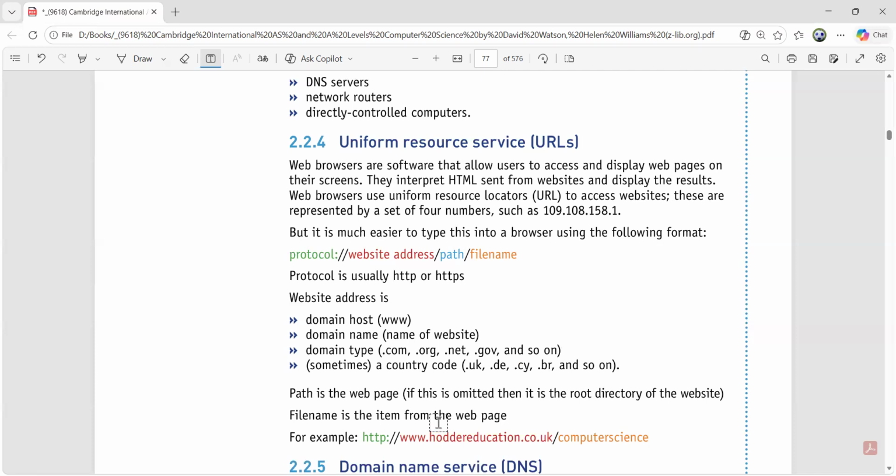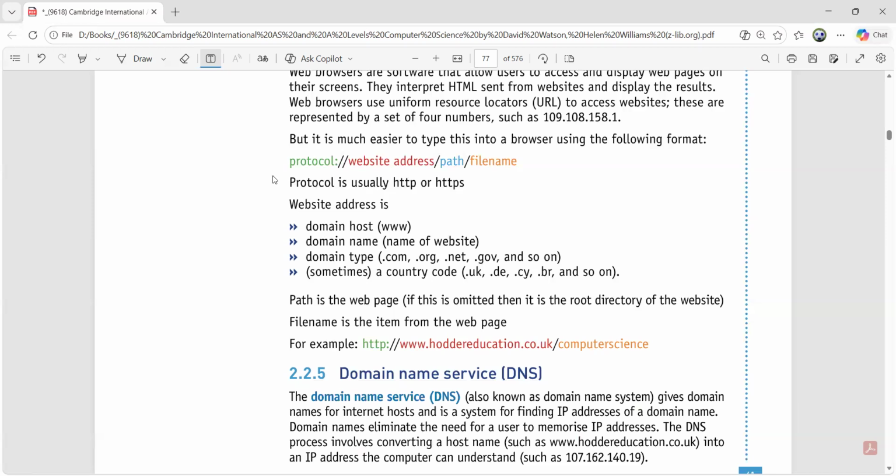Web browsers use URLs to access the websites, and they're represented by a set of 4 numbers such as 109.108.158.1. Now, what is it composed of? You need to know the parts of the URL. The first thing is your protocol. The second thing is your website address. The third thing is the path, and fourthly, it is the file name. And in some places, we treat path and the file name to be the same.